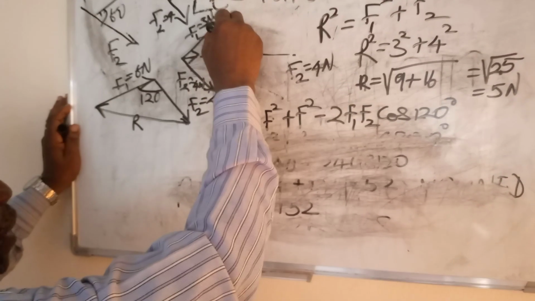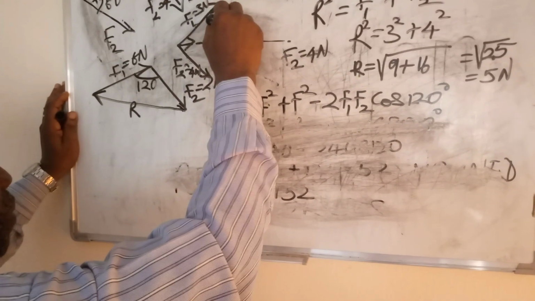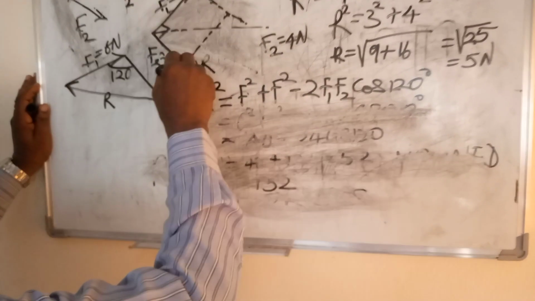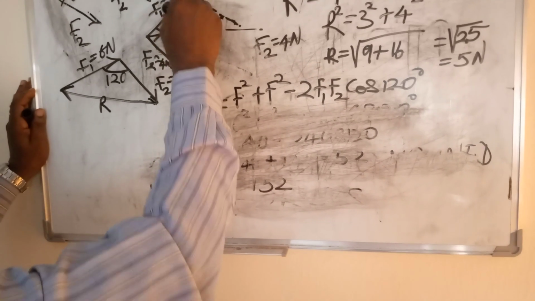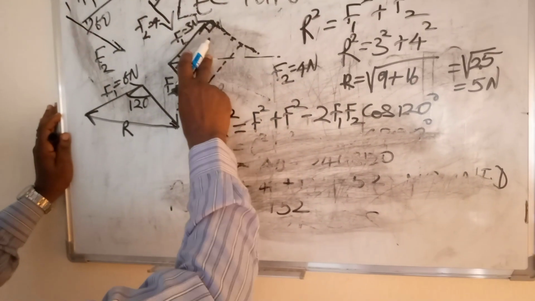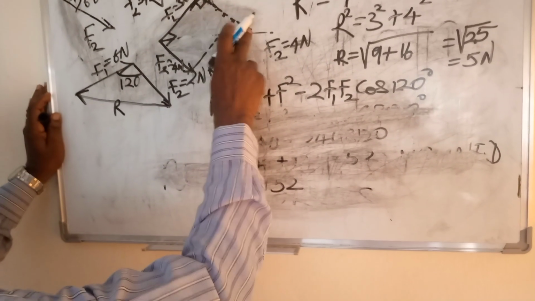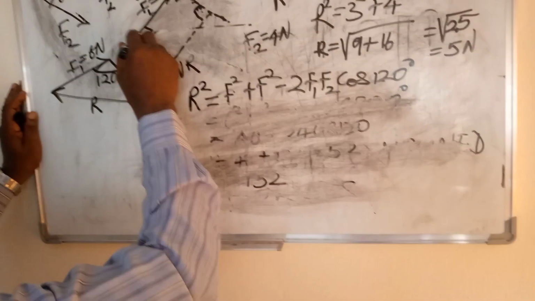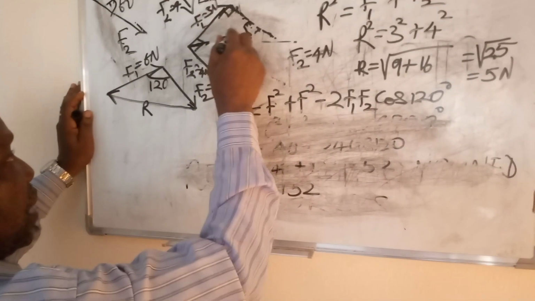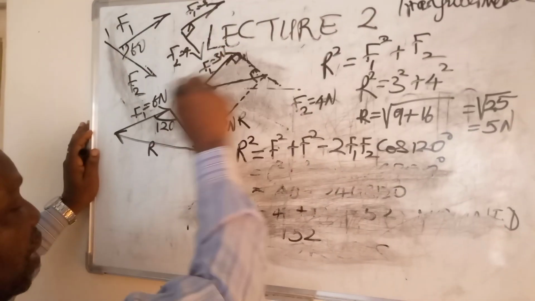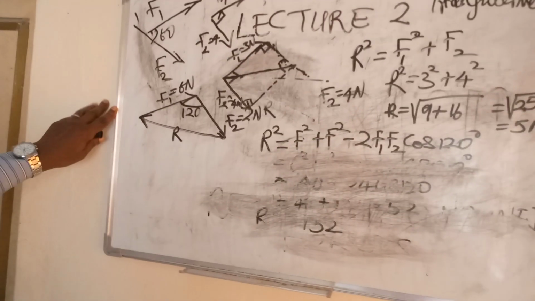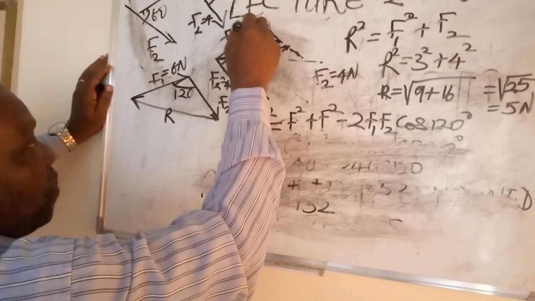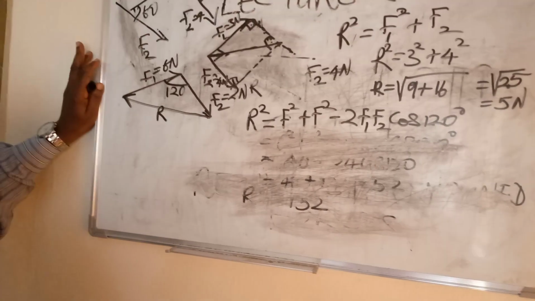So if we close this rectangle, we have this as 90. Here, this is the resultant, the hypotenuse of the rectangle formed. So you will see that the angle here is 90.